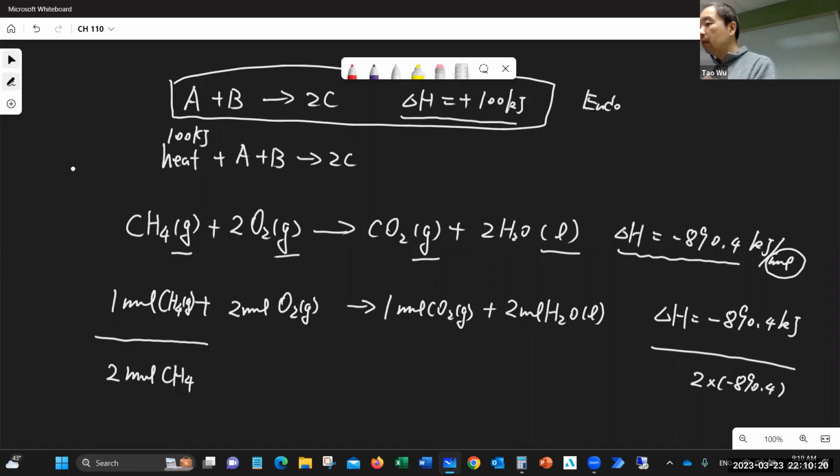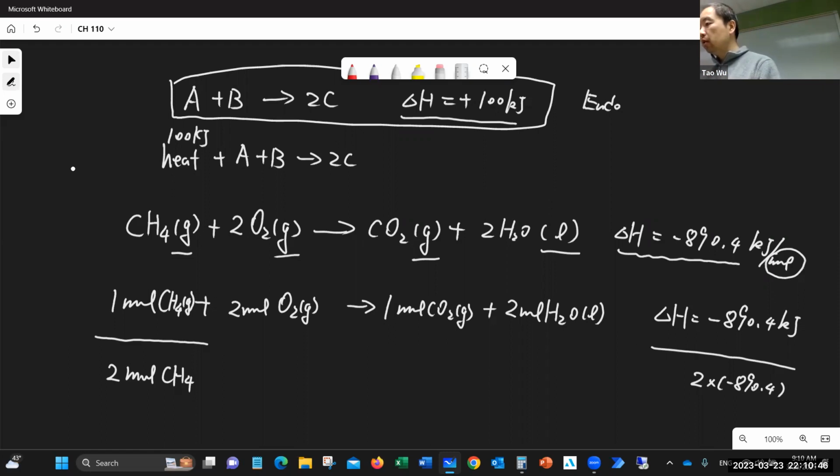So that's why you set up this equation. That makes sense, right? This is also the concept for stoichiometry. If you do a normal stoichiometry problem, you can also use this ratio setup.